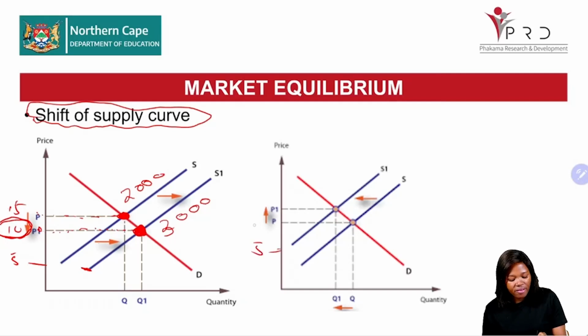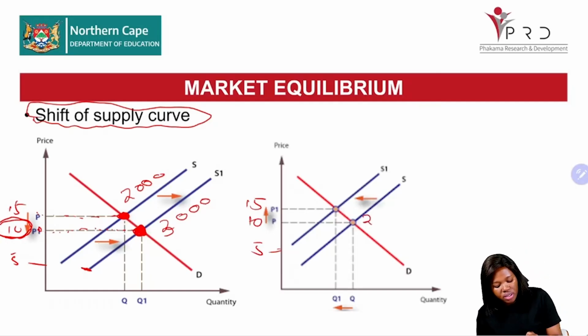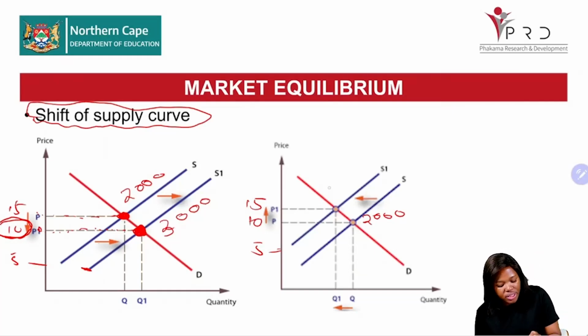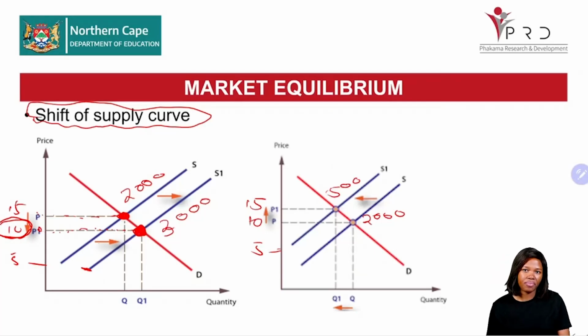when 5, 10, 15? Now, what happens when a producer used to produce 2,000 products, and then in this season, he produced about 500 products?